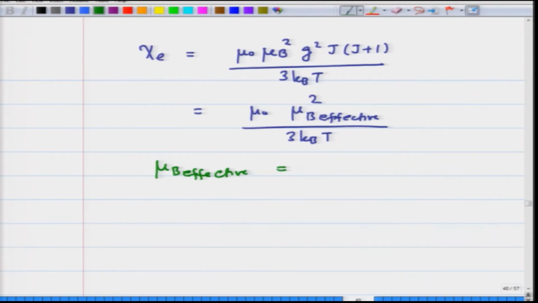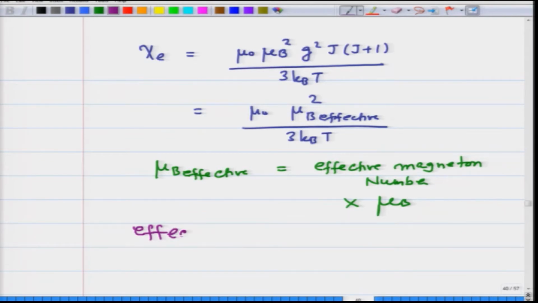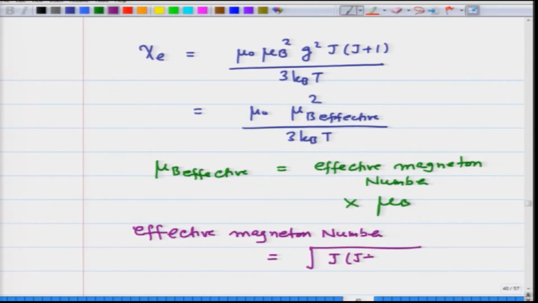I can write this as effective magneton number times mu B. So, we also talk about these atoms in terms of effective magneton number, which is defined as g times the square root of J times J plus 1. So, this is a number that one compares in experiments.